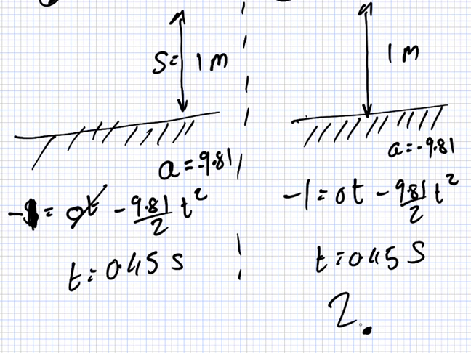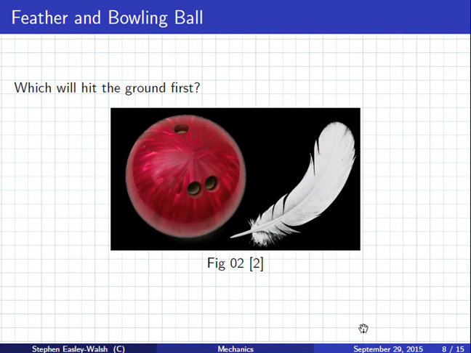So what's wrong here? They don't hit the ground at the same time, but when I calculate it, they do. They should hit the ground at the same time. They should hit the ground in half a second, but they don't. Because of what? Because of the air.